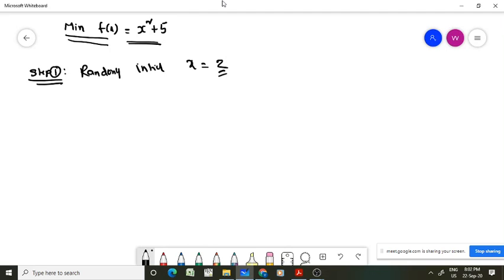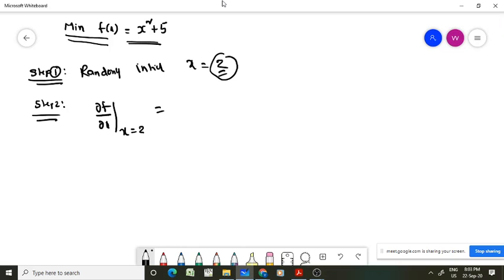Right? Okay. Now what is the second step? The second step is to calculate the gradient of the objective function with respect to the descent variable at the given point. That's dou f by dou x at x equal to 2, the point where we started.